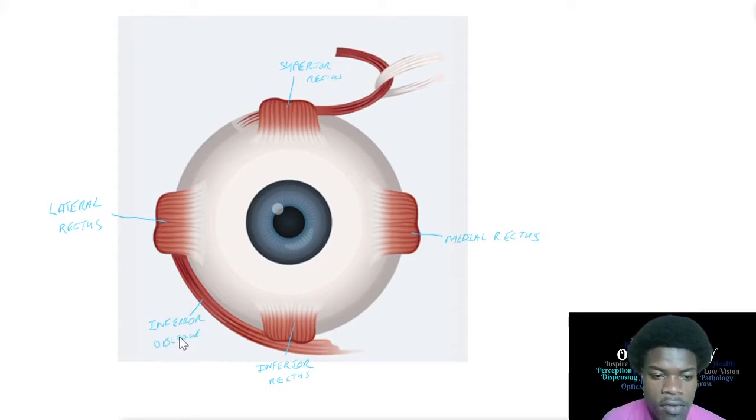Then we shall have, that's cute, the superior oblique. What a lovely handwriting we have here. So guys, these are the 6 muscles that we will be focusing on. So let's look now at their origins.